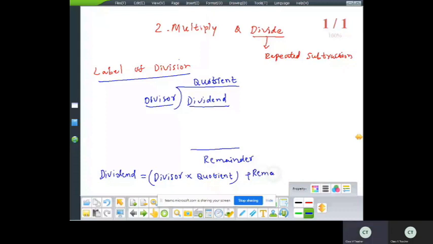Okay, students, please note down this one. Labels of division: divisor, dividend, quotient, remainder. Their formula: dividend is equal to divisor into quotient plus remainder. Please note down this formula.